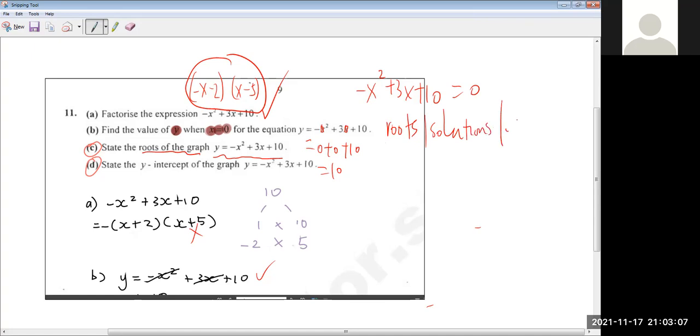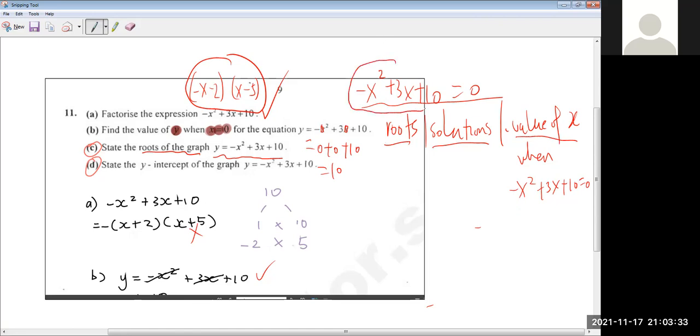So if they ask you for roots, it means solutions. It means the value of x when minus x squared plus 3x plus 10 equals 0. If you don't understand solutions, it means they want to find the value of x. So how do you find the value of x?